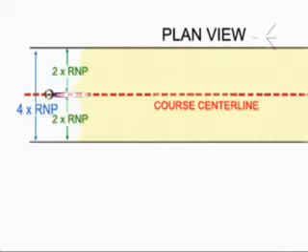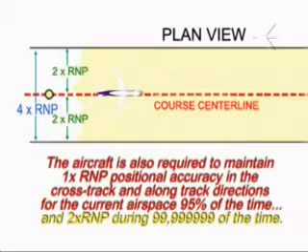The aircraft is required to maintain its position with the designed accuracy for the airspace, taking into account navigation accuracy and flight technical error. The aircraft is also required to maintain one-time RNP positional accuracy in the cross-track and along-track directions for the current airspace 95% of the time.